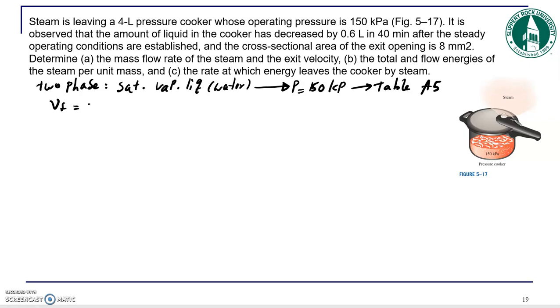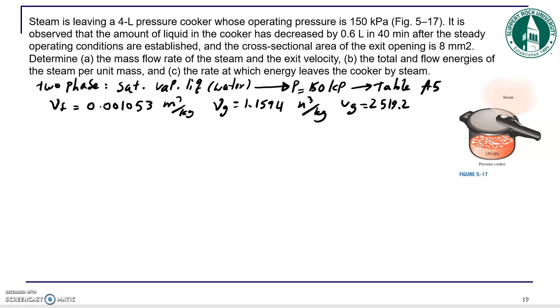So all right, I'm going to write all the information we have. So nu f is 0.001053 cubic meter per kilogram. Nu g is equal to 1.1594 cubic meter per kilogram, and u g is equal to 2519.2 kilojoule per kilogram, and then we have h g, right?